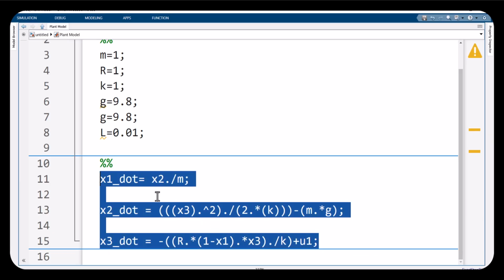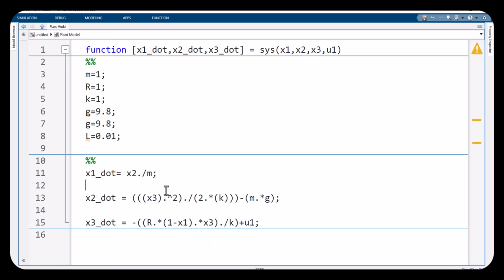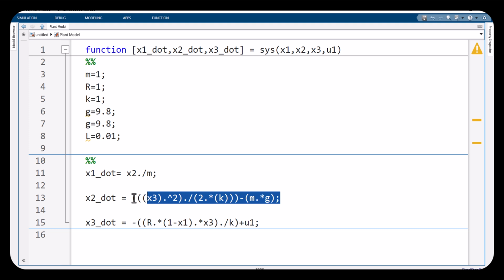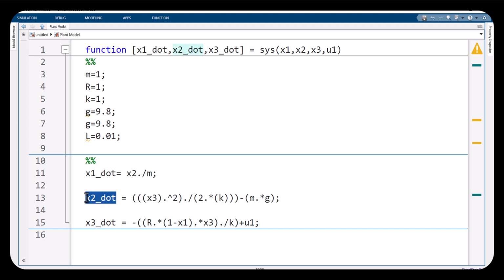All I have to do is compute the original state variables x1, x2, and x3. This is x1, this is x3, and this is x2. What I have at this moment is the derivative of these equations. If I somehow compute this derivative, I can take its integral and I'll get the actual state.